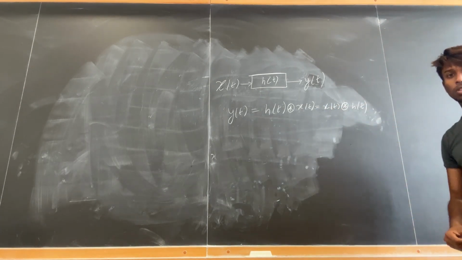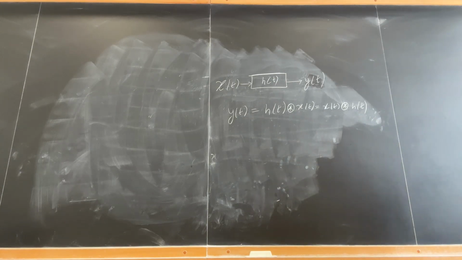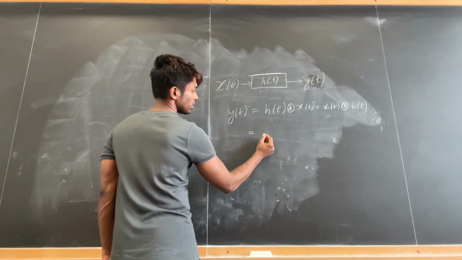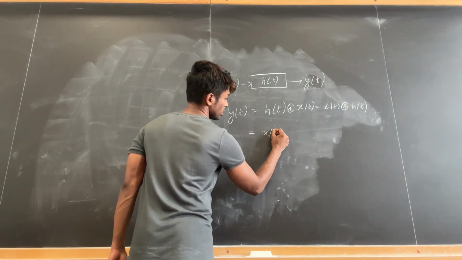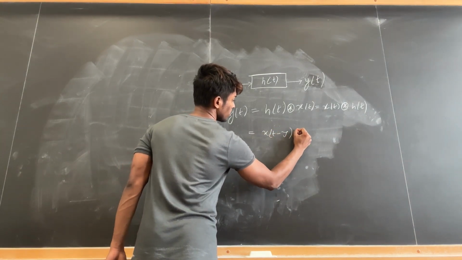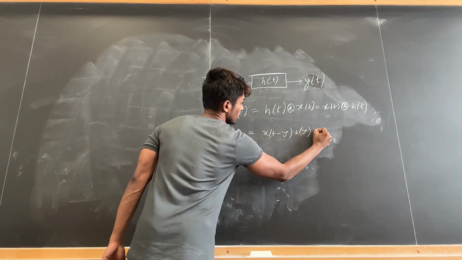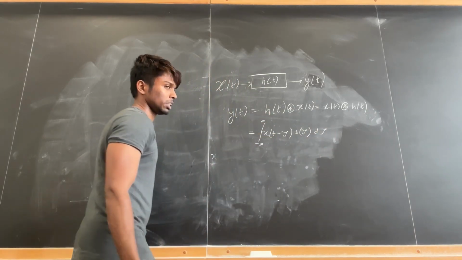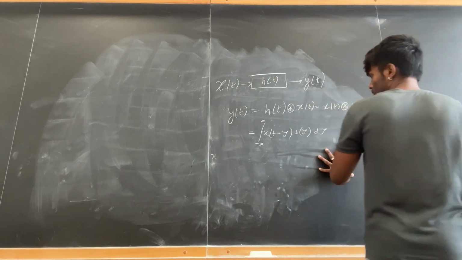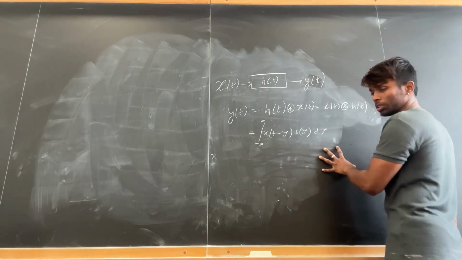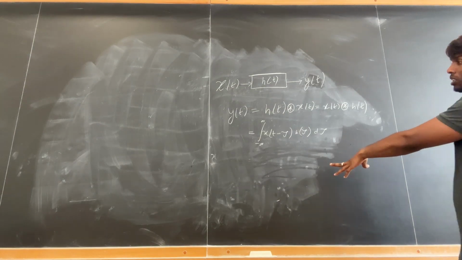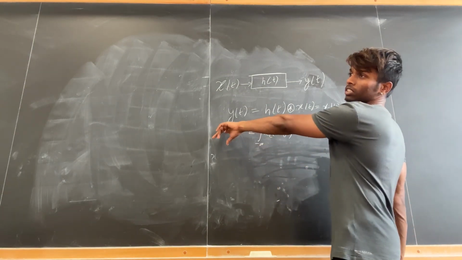So this is a convolution operation in the time domain. So by definition, we can write it as the integral of x(t minus tau) h(tau) d tau, integrating from minus infinity to infinity. This convolution operation can be performed on the input of the system. Knowing the impulse response of the system, we can get the output of the system.